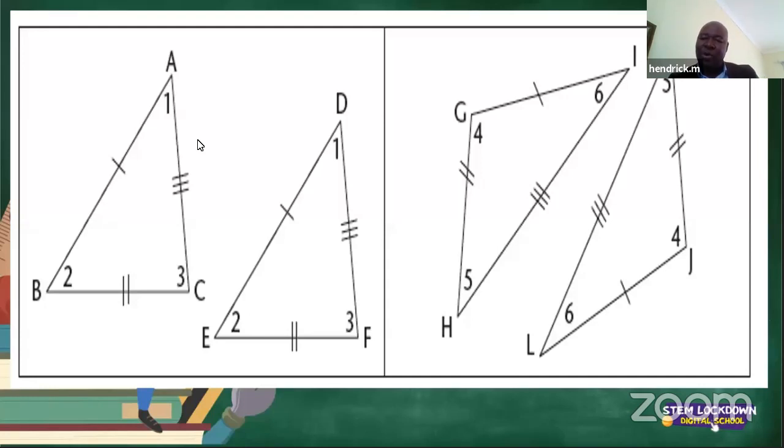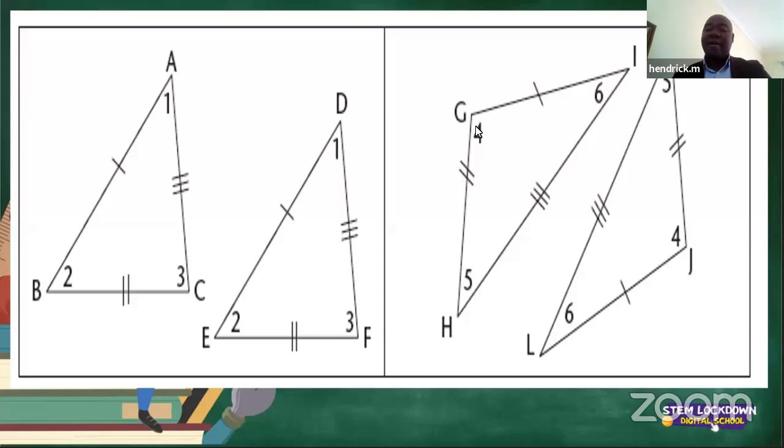Again, in the same note, you can see that GI in the first triangle is equal to JL in the second triangle, meaning that the side GI will be equal to JL or LJ if you want to call it. Then the second side will be GH.